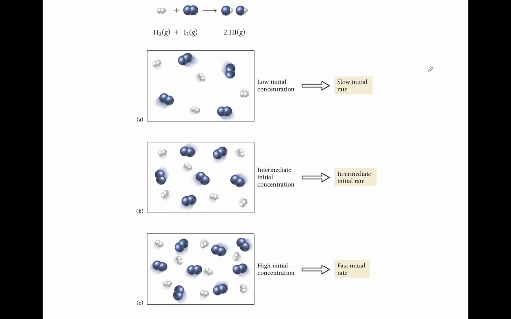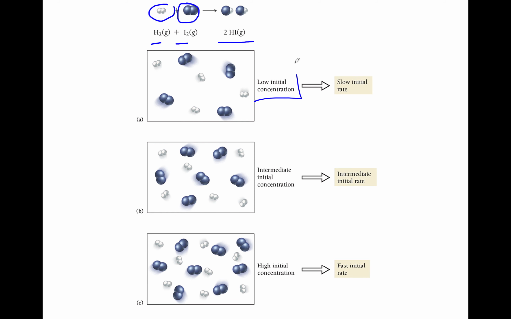So what does this mean? Well, rate's a key part of this. Another part of Chem 201 is a whole chapter on rate and kinetics and how fast things move. So let's just talk a little bit about this. For rates here, we've got reactants, hydrogen and iodine, forming 2HI. And you can imagine if this is going to form, these things have to collide. So this has got to collide with this.